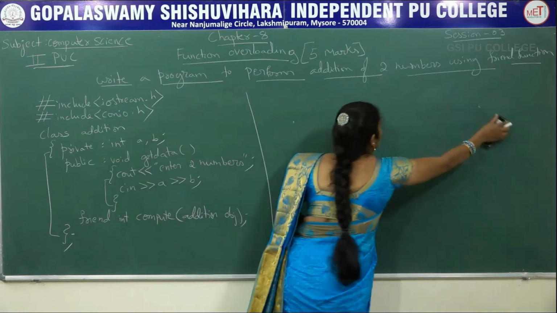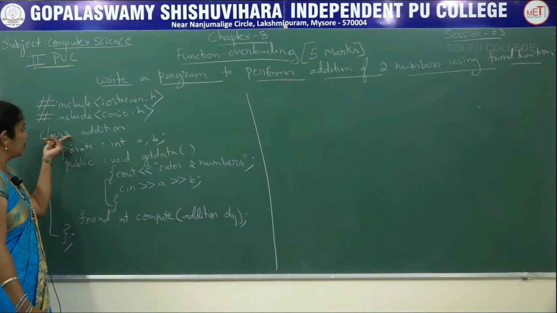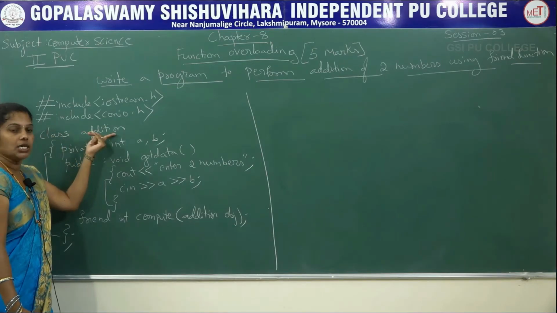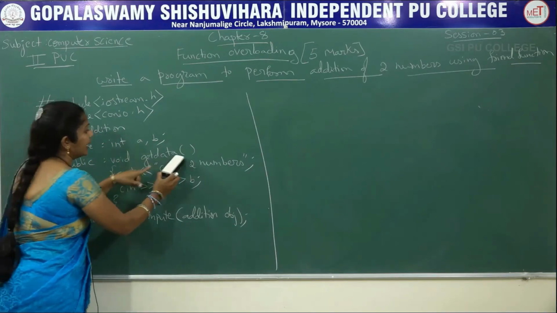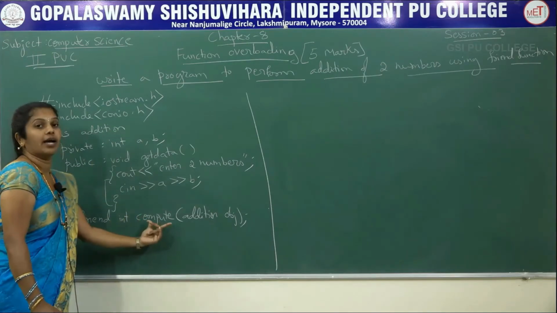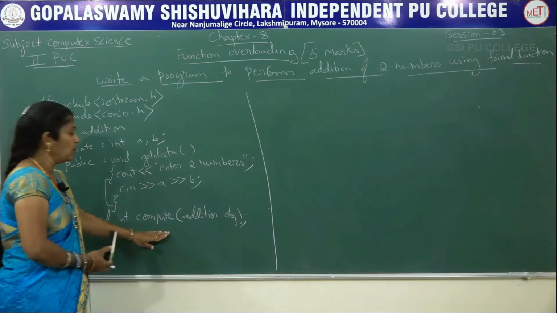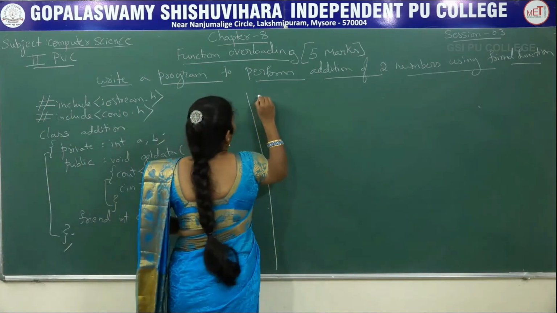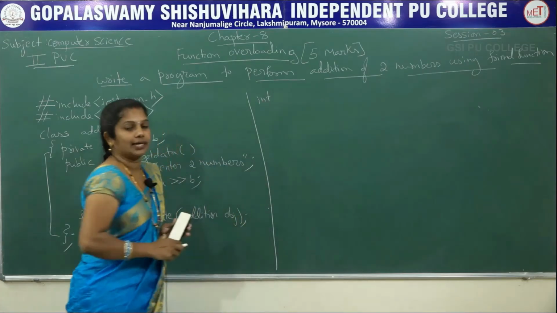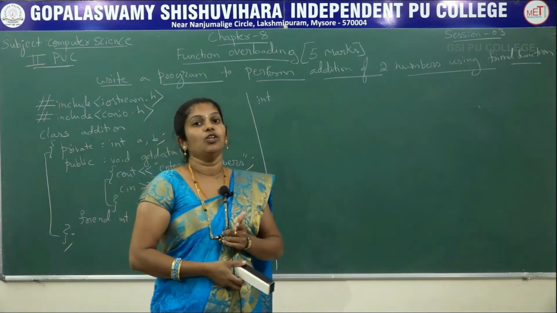Now outside the class, we will come back to the program, where addition is the class name, getdata is a member function, whereas the friend function is compute. Now I am going to write this compute function outside the class. While writing the statement outside the class, we do not require any scope resolution operator.